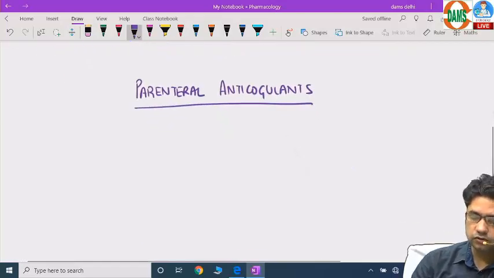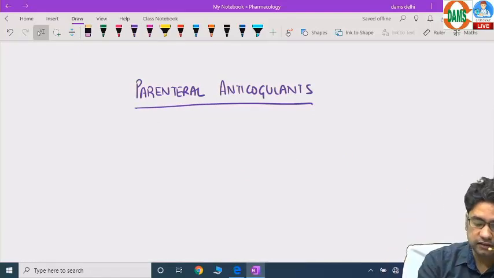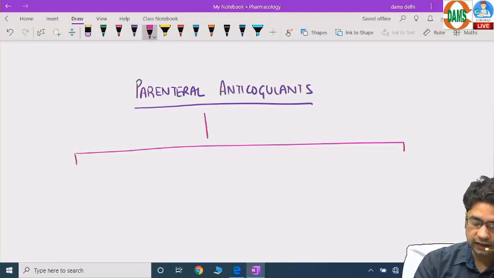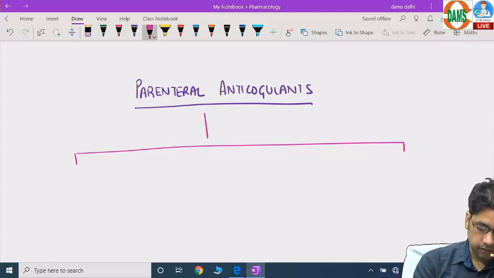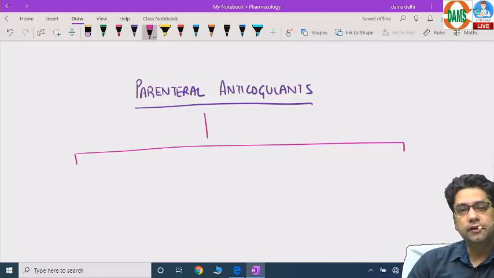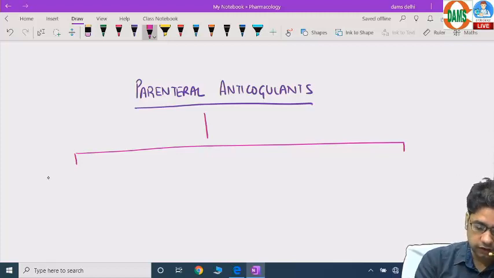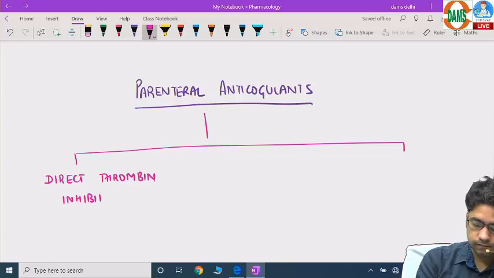Now if you remember the notes, can you tell me 2 parenteral anticoagulants I have told you? Okay. The 2 parenteral anticoagulants which I have told you were direct thrombin inhibitors and indirect thrombin inhibitors.